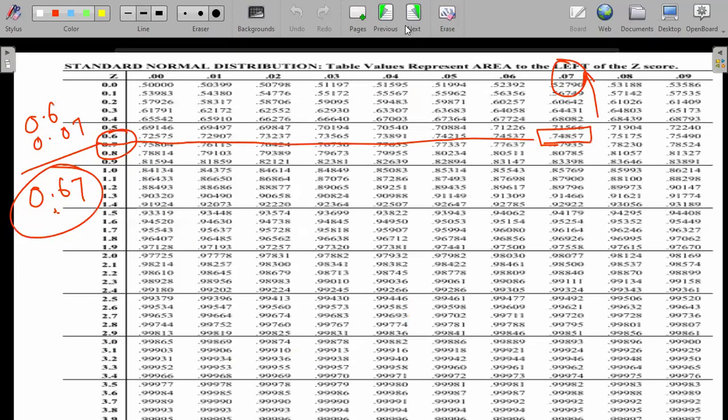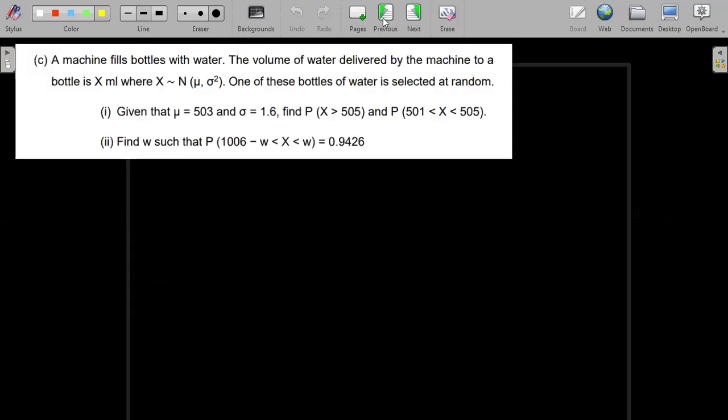We look at another set of questions. Okay, so now they're saying a machine fills bottles with water. The volume of water delivered by the machine to the bottle is X milliliters, where X follows a normal distribution with mean mu and variance sigma squared.